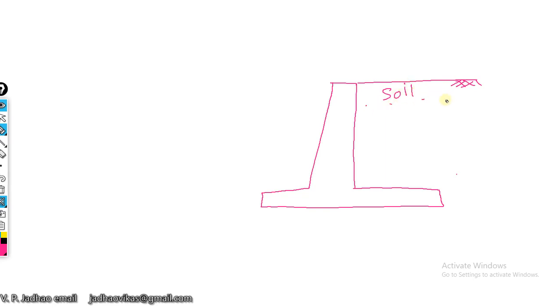Due to the force exerted by this soil, some forces are developed on this retaining wall, acting in this particular direction. This force is called active earth pressure.